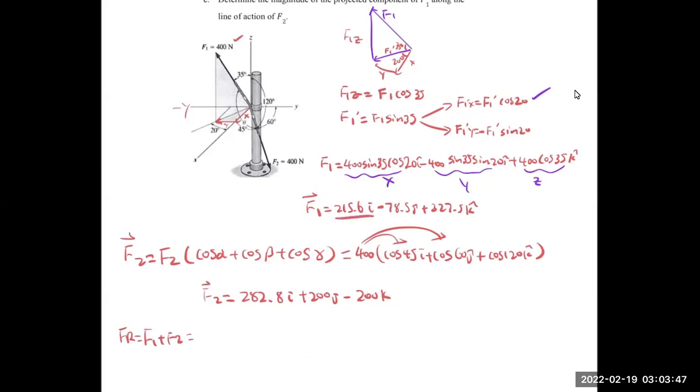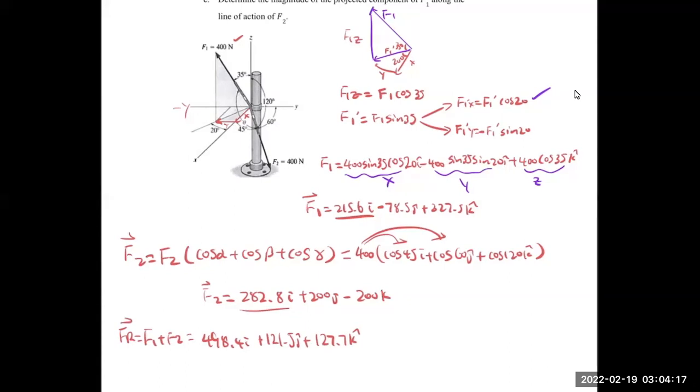I have 215.6 plus 282.8, and I get 498.4 I. Doing the same for Y and Z, plus 121.5 J plus 127.7 K. This is my FR vector.